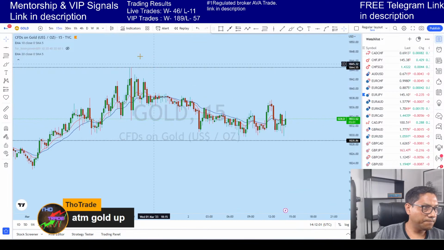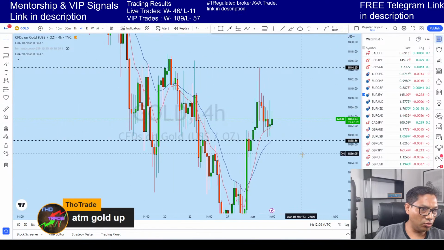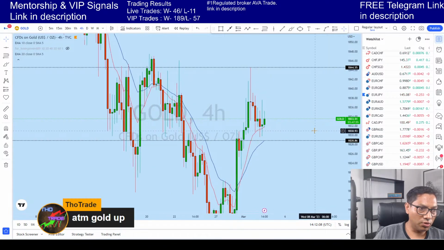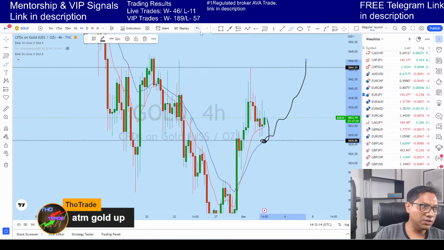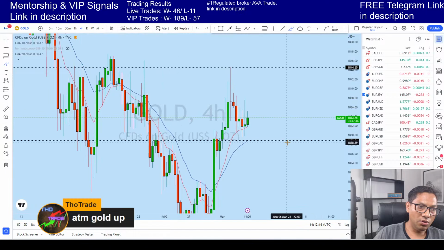But for me, what I think gold is likely to do is still a bullish move, okay, but it might come grab liquidity from the 20 EMA on the 4-hour, and then we might see a spike happening, which is very likely to happen. That's what I think it's going to do.